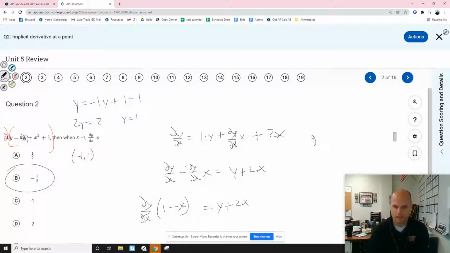And then I could divide, getting me dy dx equals y plus 2x over 1 minus x. If I plugged in negative 1, 1: 1 plus negative 2 over 1 minus negative 1, that's 1 plus 1, that's 2. That gives me negative 1 over 2. So, boom.